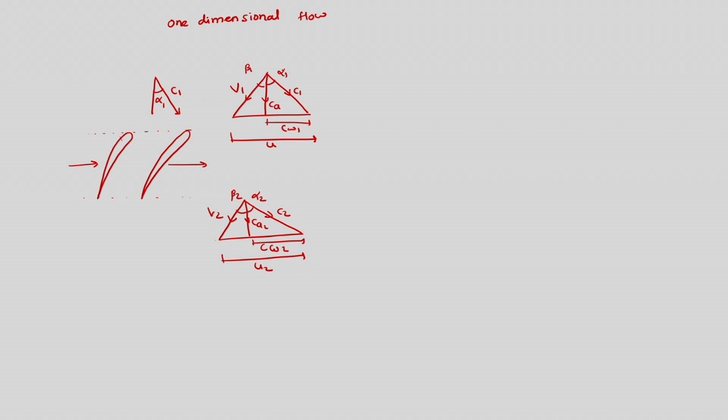Here we made certain assumptions which are based on the fact that flow is one dimensional. So here we assumed flow is uniform in the passage between the two blades. This is a blade, this is a blade, and this is a passage.